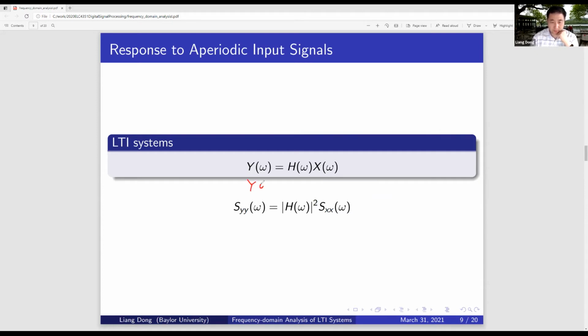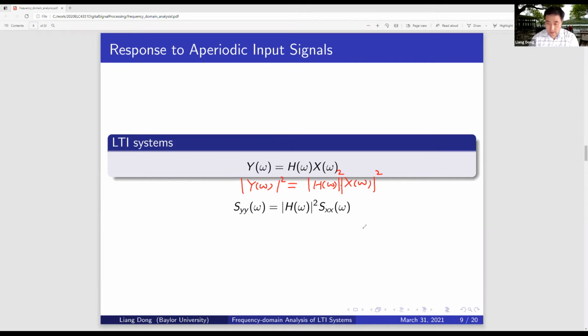I can put an absolute value square on both sides. So when you do this, you can put it into those two parts. I put a square here and a square here. Now, capital Y square, that's the spectrum of the output signal. Capital X square is the spectrum of the input signal.